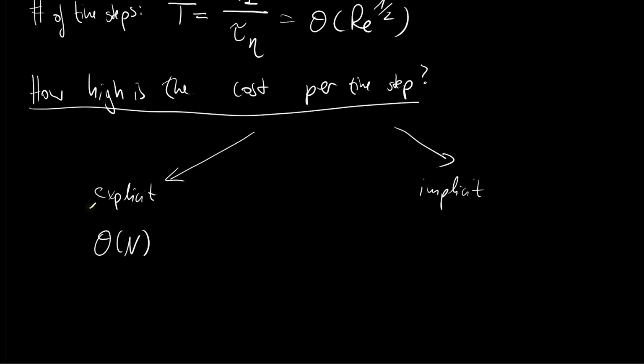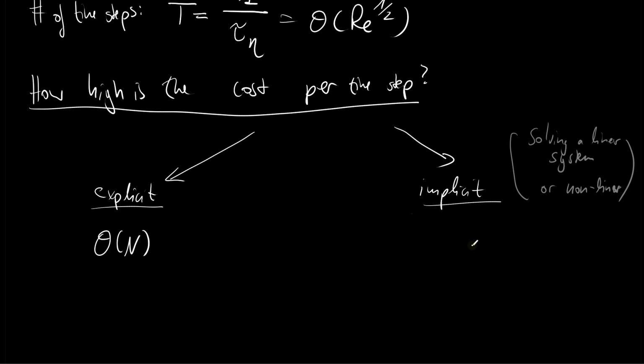And for the implicit, that depends, because usually when we have an implicit scheme, we are solving a linear system, or sometimes we have to solve a nonlinear system, but that is still in the order of solving linear systems. And there we have different approaches. In the most desirable case, we have an order of n complexity, which can be achieved with multigrid algorithms, although this takes a lot of tuning to get that complexity.